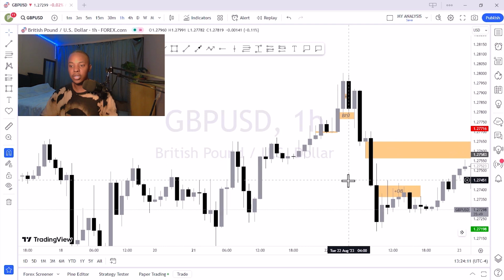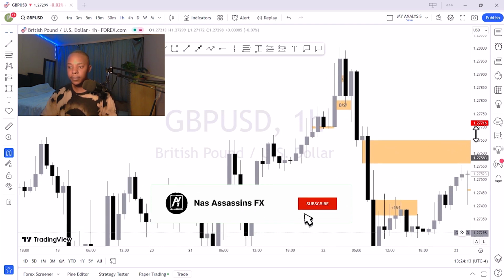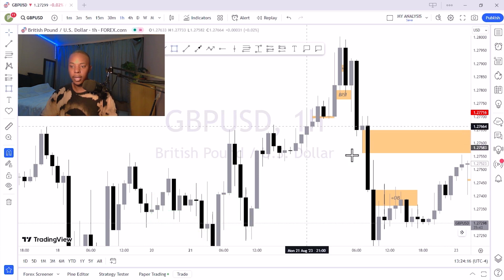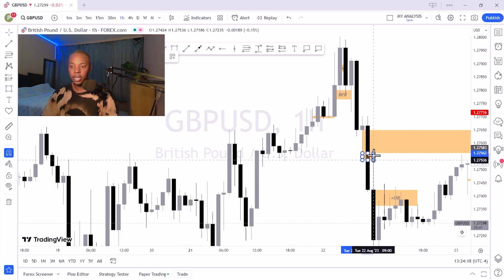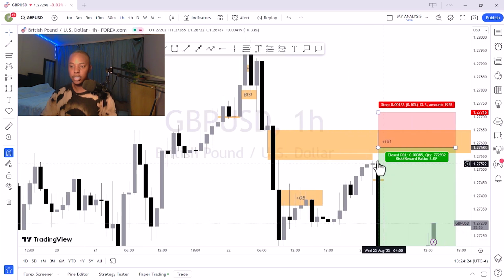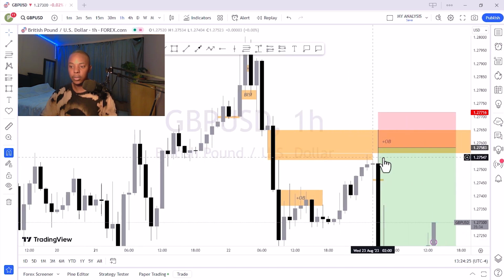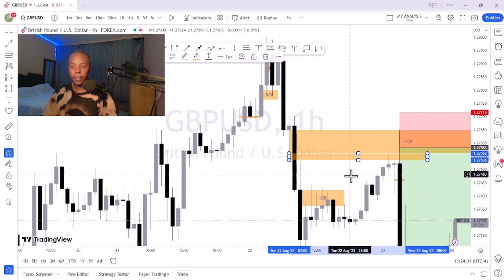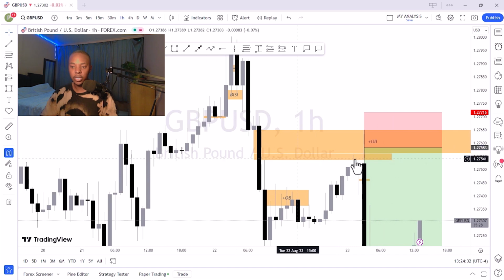But the first trade that I took today, I took a sell here at this CB. As you can see, we created that CB right there, and I took a trade there.